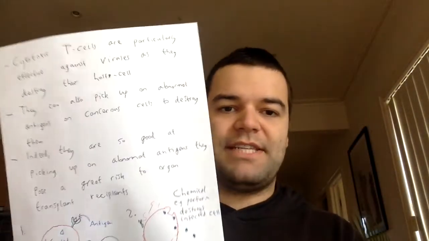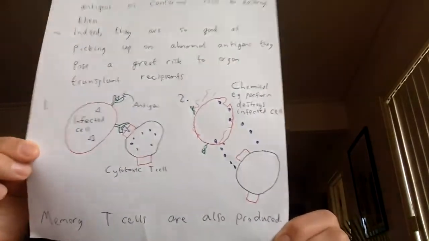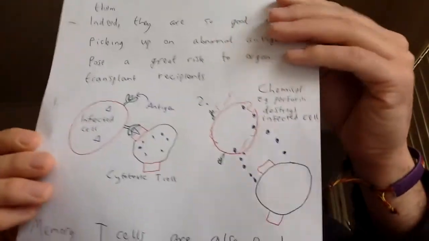And the final thing about the cell-mediated response is that some memory T cells are also produced, similar to the humoral response where memory B cells are produced. And again, those memory T cells stay alive for a long, long time, possibly over decades they stay around for, and they can quickly fight off the infection if it ever comes back.